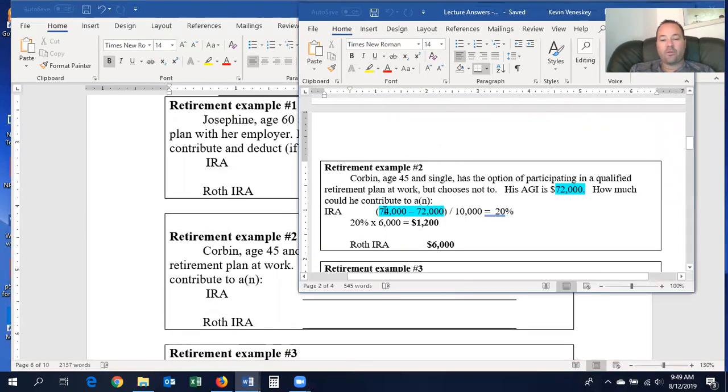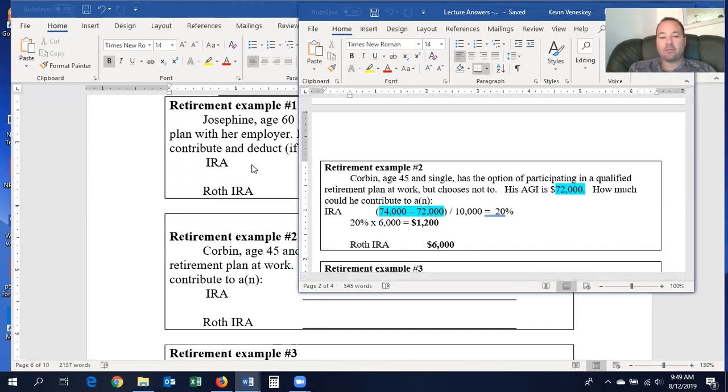All right, so 74,000 minus the 72, there's not much difference there. There's only 2,000, so only 20%. He can take 20% of the total that he normally would have gotten, $6,000. So he can only put away $1,200 into the regular IRA. However, he could opt to put all of it into a Roth IRA.